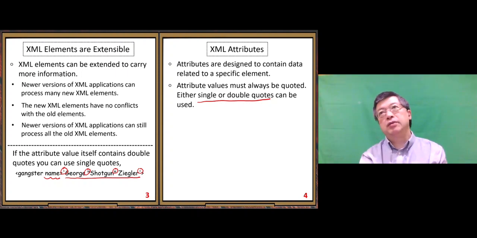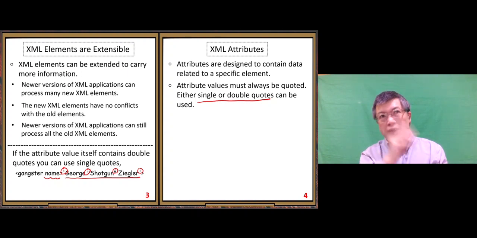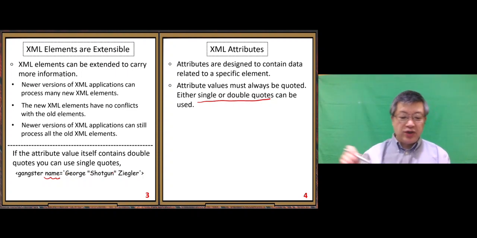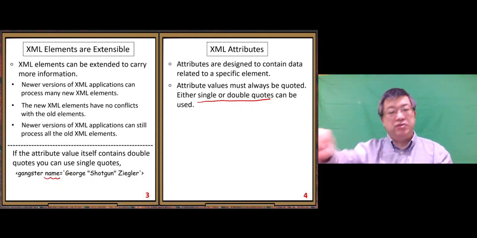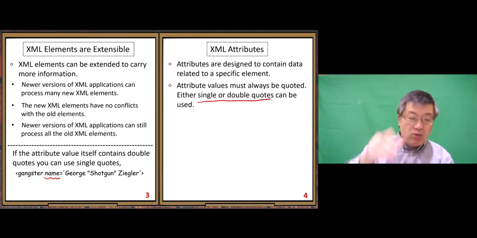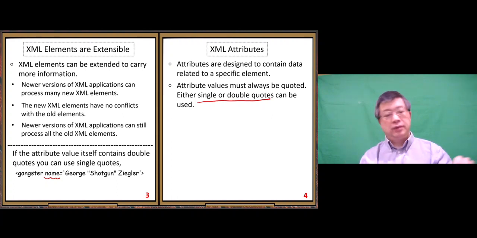Otherwise, the XML parser, which we will talk about later, cannot understand the structure. The parser will get confused. So here you can see, in this situation, we use single quotes to represent the attribute value, and double quotes will be treated as literal characters.